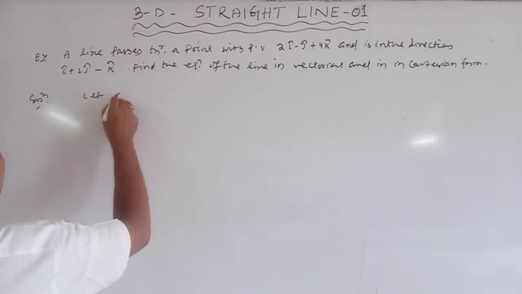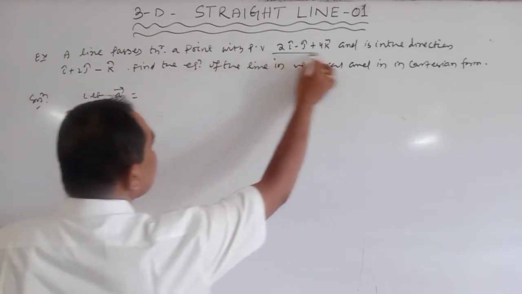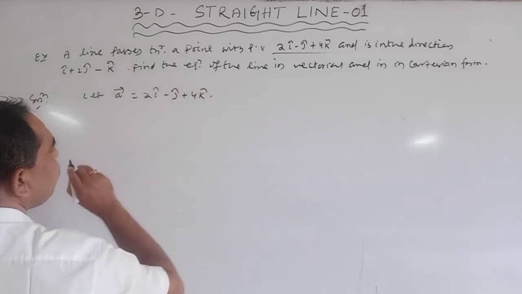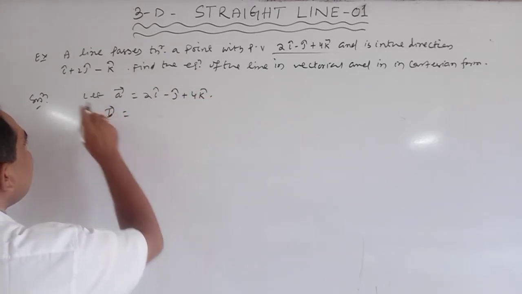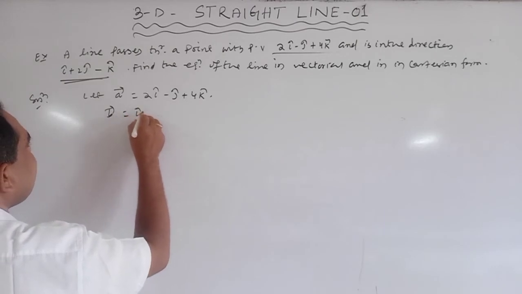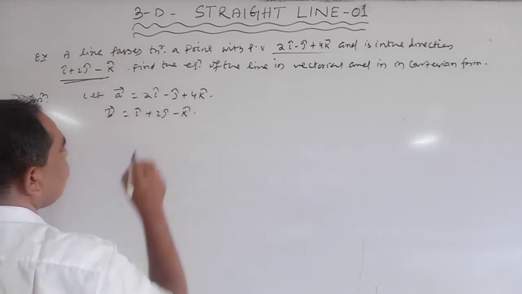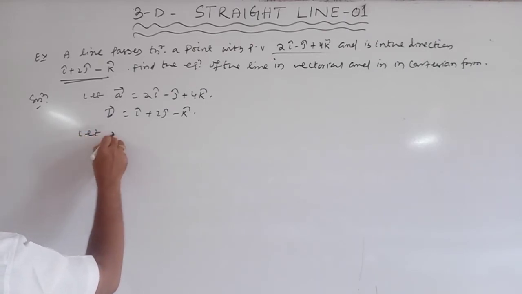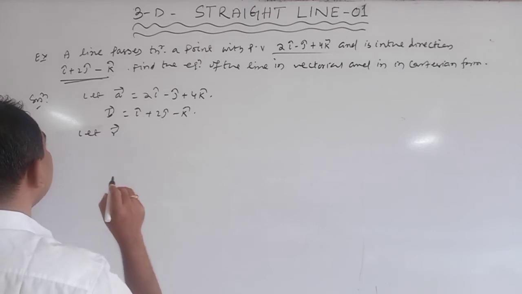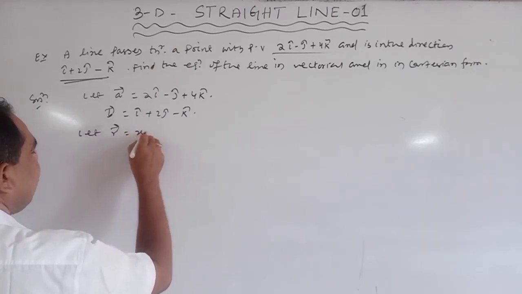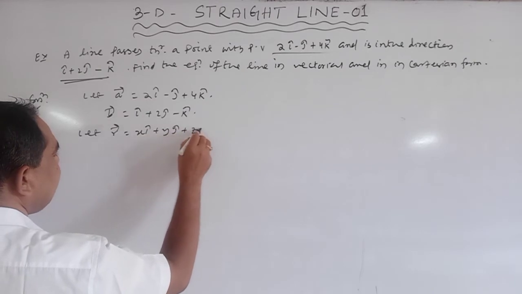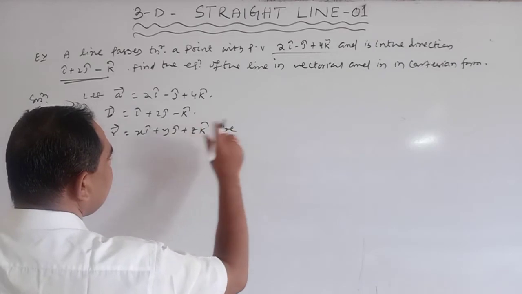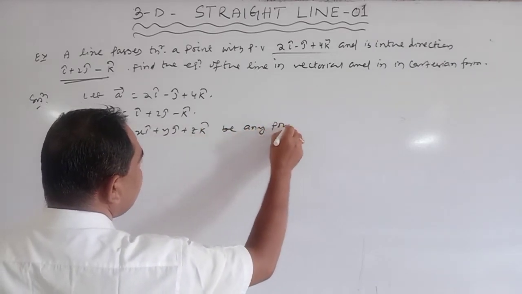Let a vector be equal to 2i cap minus j cap plus 4k cap. b vector is equal to i cap plus 2j cap minus k cap. Therefore, for the equation of the line, let r vector is equal to x i cap plus y j cap plus z k cap be any point on the line.